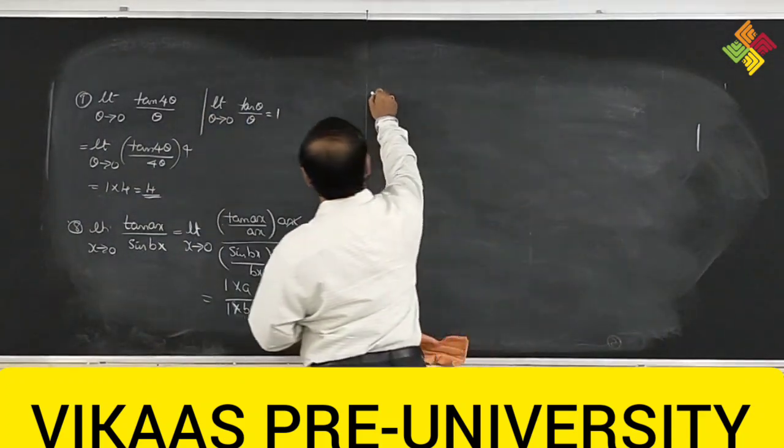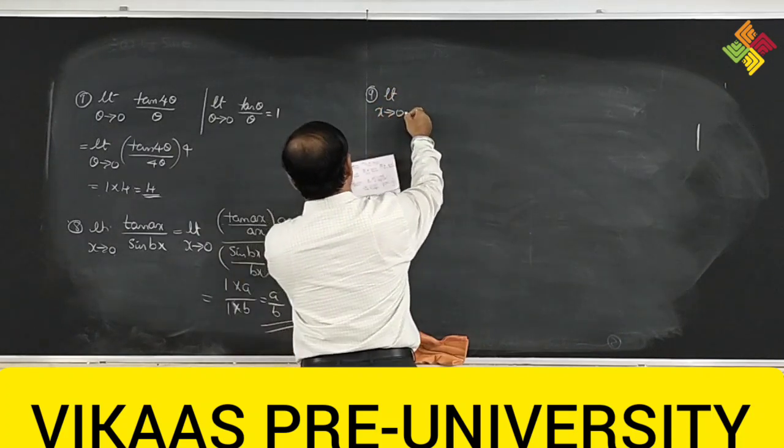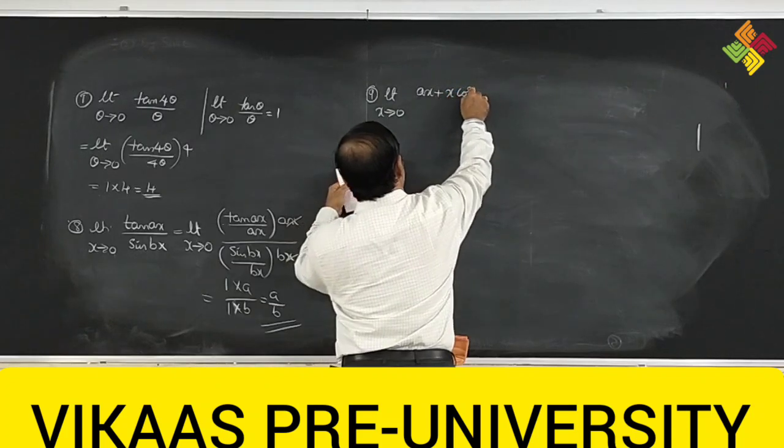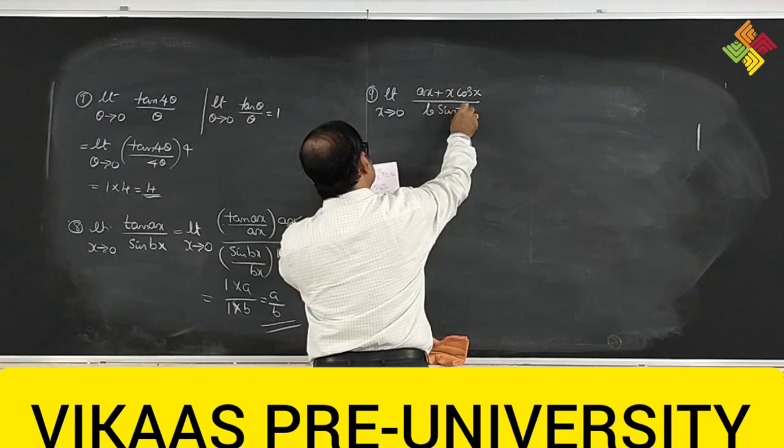Now we work out one more example. Limit x tending to 0 of (ax + x cos x) divided by (b sin x).